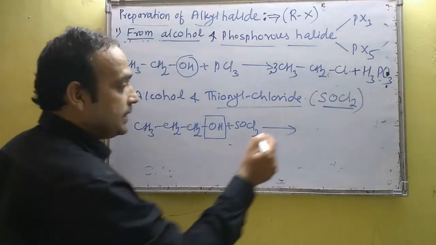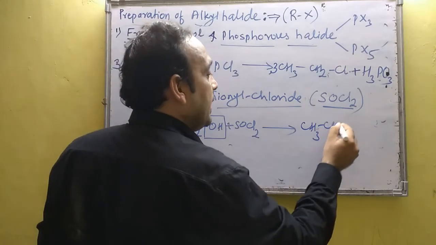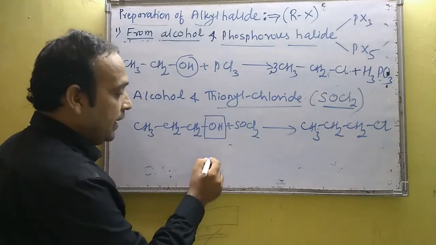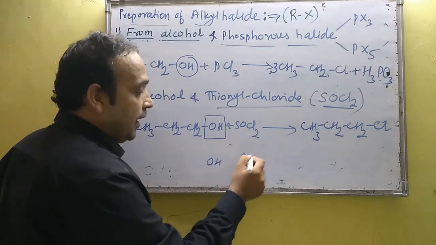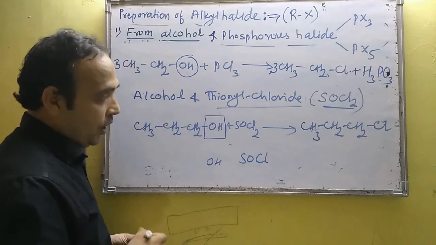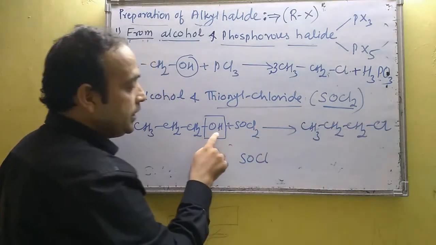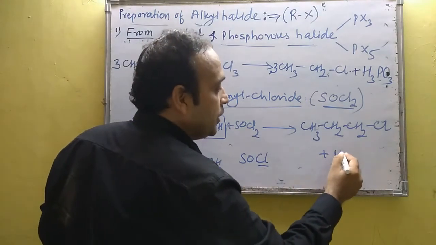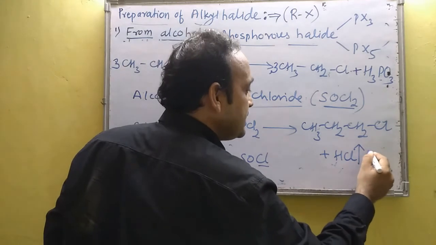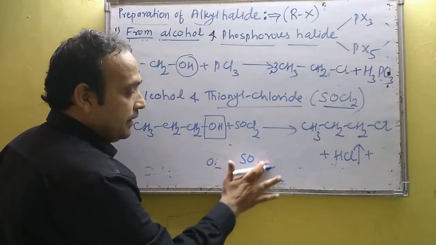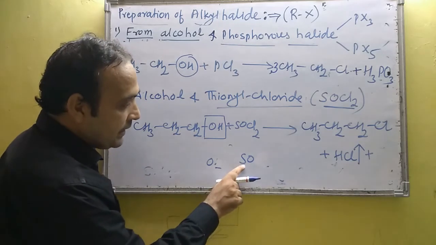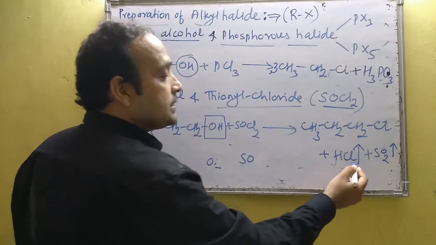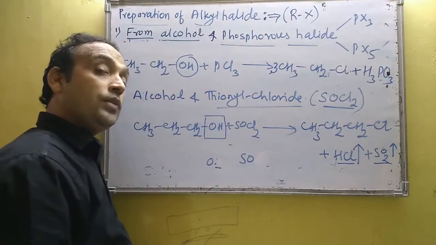My product is CH3CH2CH2Cl. From OH, the remaining part is SOCl, because one Cl is attached instead of OH. My side products are H and Cl, an evolution of gas. Which gas is evolved? HCl. The remaining part is SO2, sulfur dioxide. Students, HCl and sulfur dioxide are both gases.